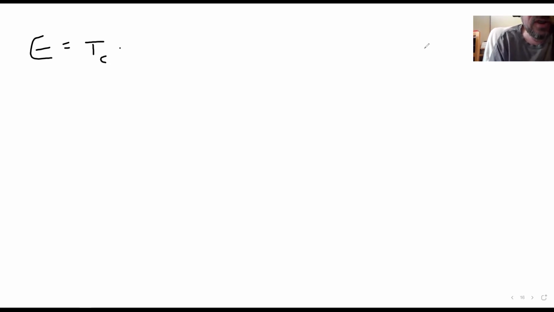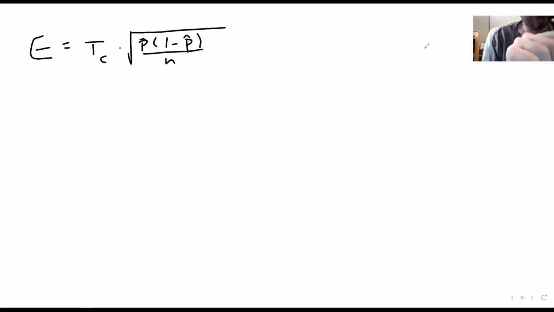And the standard error is the square root of p hat times 1 minus p hat over n. So if you have a particular margin of error in mind, you can just plug that in for E and then solve for n.